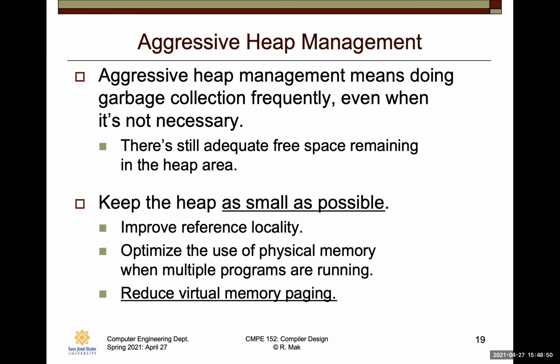Now, one reason to have aggressive heap management is that you want to keep that heap as small as possible. You don't want the heap to be growing. And so by aggressively doing garbage collection, you're going to make sure that there are enough holes for new allocations so you don't have to keep growing that heap. And keeping the heap as small as possible is a big performance boost because of what's known as reference locality.